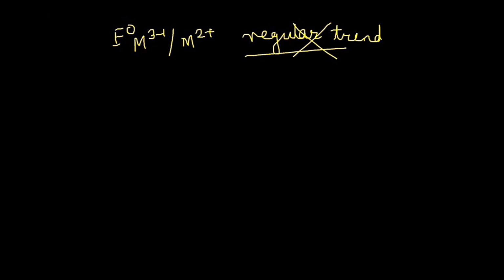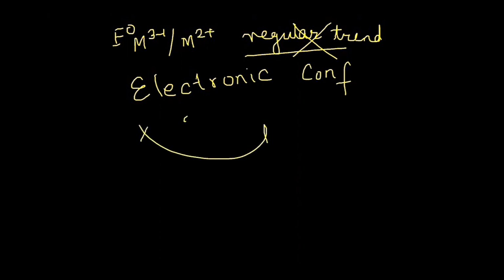There's no regular increase or decrease. As I always say in this particular chapter, please see the electronic configuration and you have the answer right in front of you. Always remember, whether you are talking about the metal, the ion, divalent ion, trivalent ion, or a single charge, accordingly write the electronic configuration and the answer will be right in front of you.